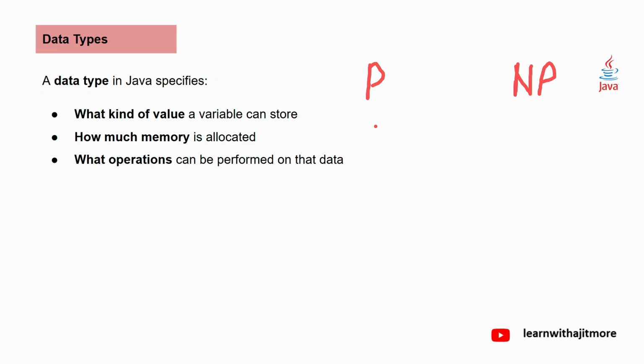All primitives are single valued. Non-primitives you can call multi-valued. Or you can call primitives elementary. Elementary means you cannot split it further, atomic. Non-primitives can be called groups.